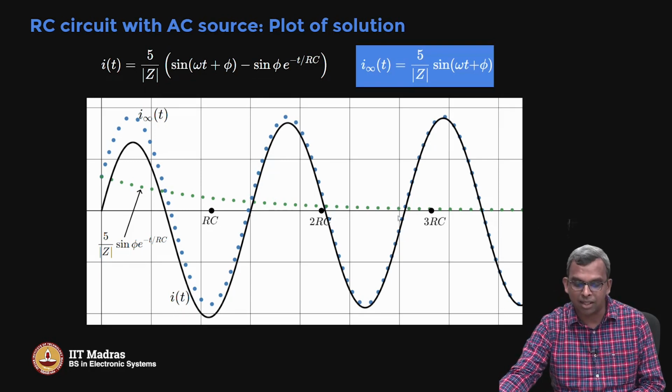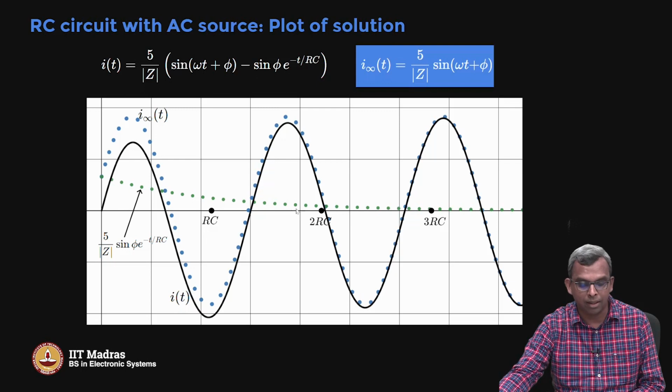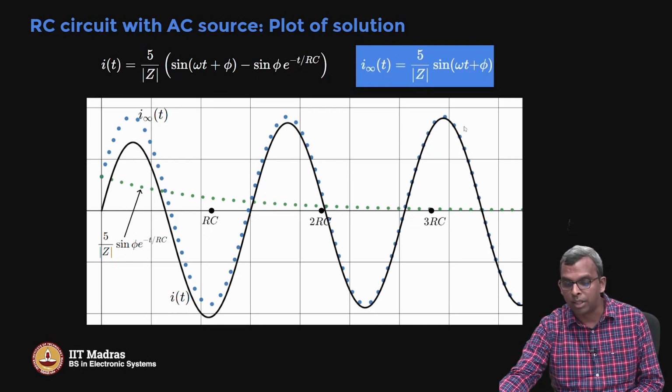What are these black dots? These are the time constants. Okay, this is the 1 RC, the 2 RC, the 3 RC. By the time it comes to 3 RC itself, you see that the blue dots are on top of the black curve and steady state has been reached. So, this is called steady state, when you have large t where the transient has died down, you only have the steady state left, and you already see that the current is quickly getting to the steady state.